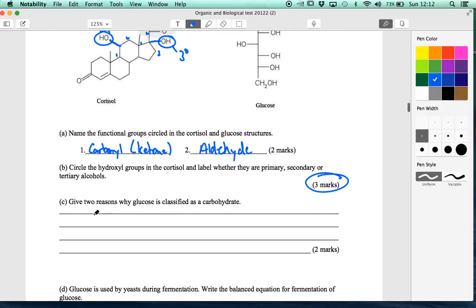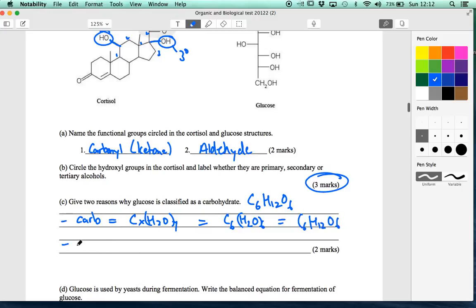So give 2 reasons why glucose can be classified as a carbohydrate. Well, first of all, a carbohydrate fits a general formula. Let's write down the glucose formula C6H12O6 here, and we know that a carbohydrate fits the form CxH2Oy, which in this case is C6H12O6.